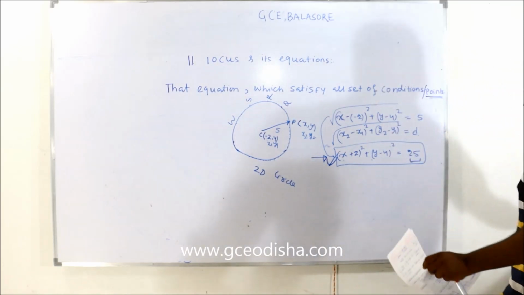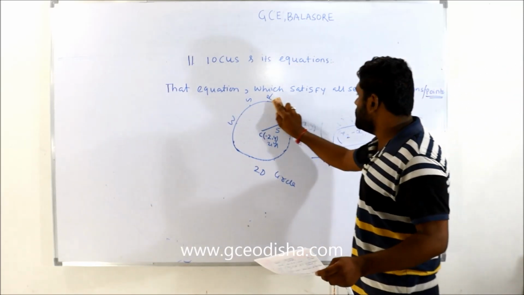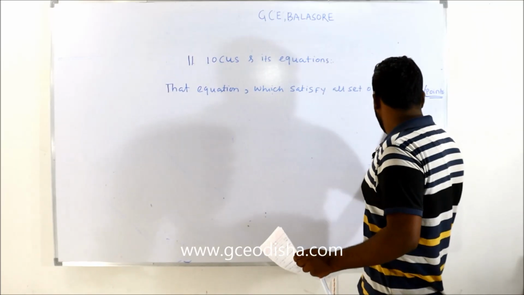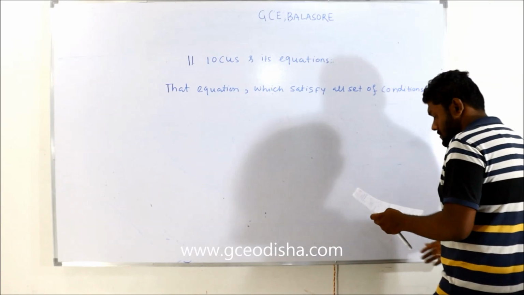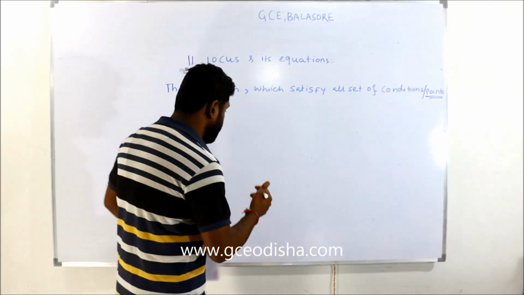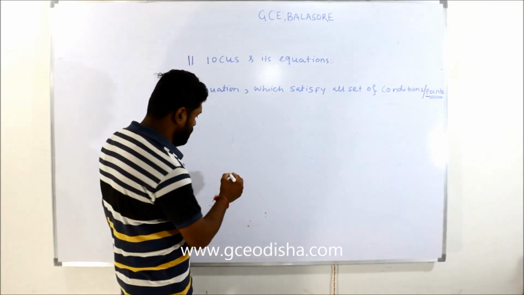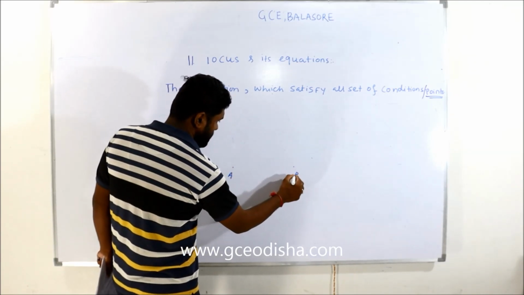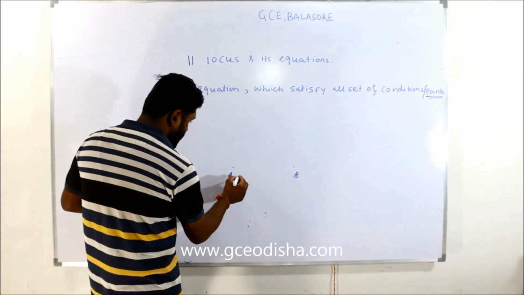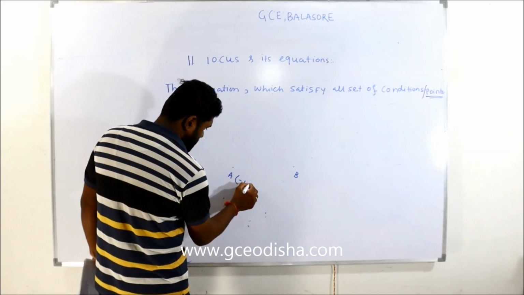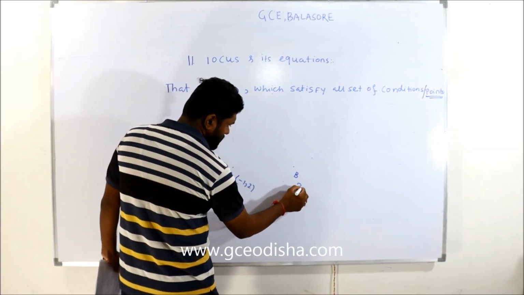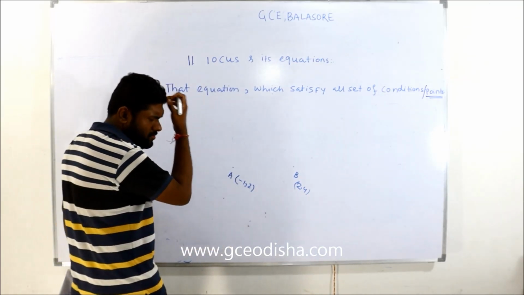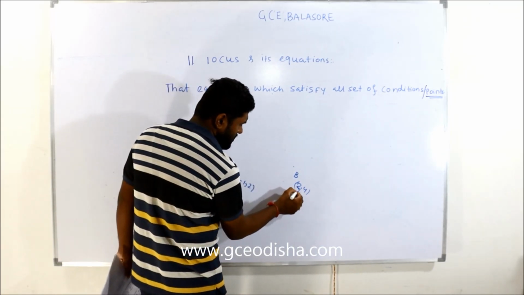I am giving you another example about the locus. Let there be a line with A and B, with the coordinates of the points like (-1, 2) and (3, 4), anything.